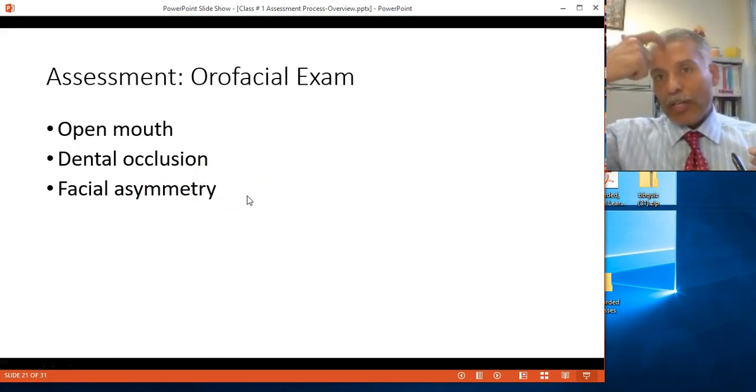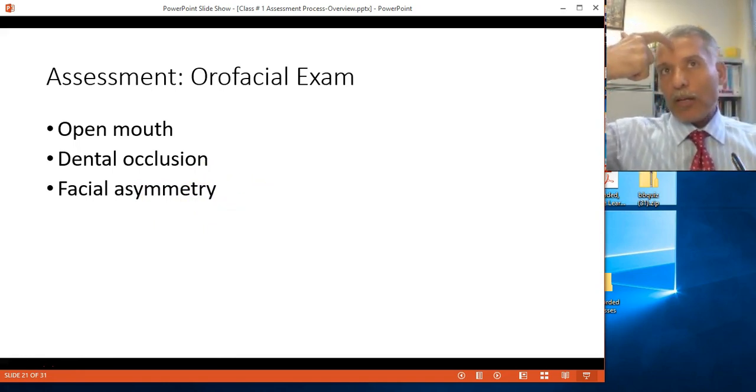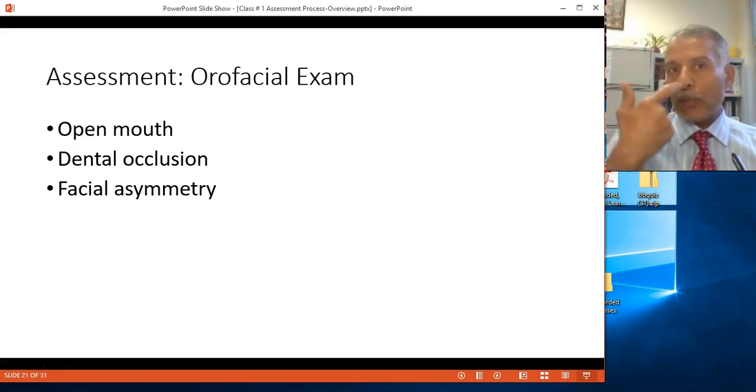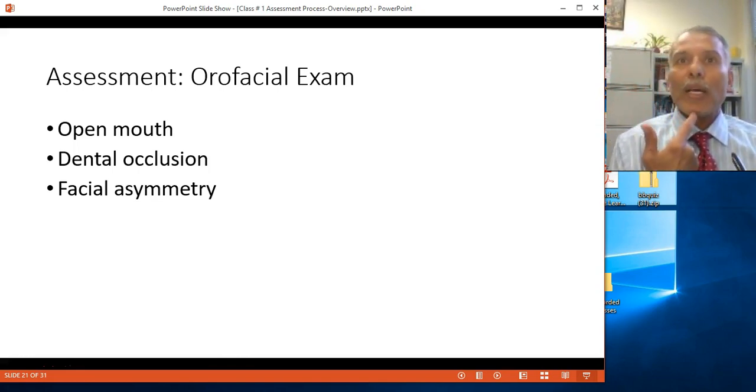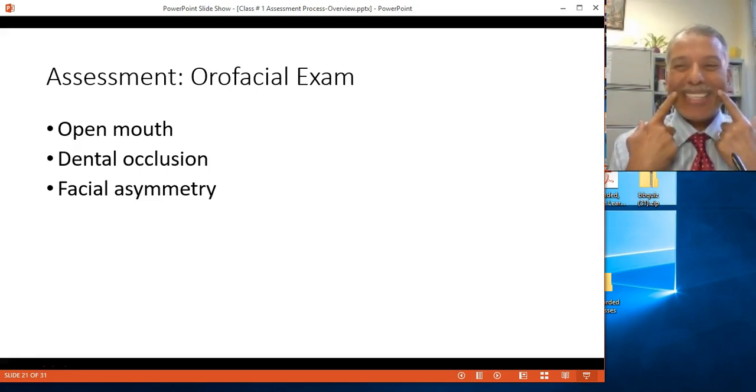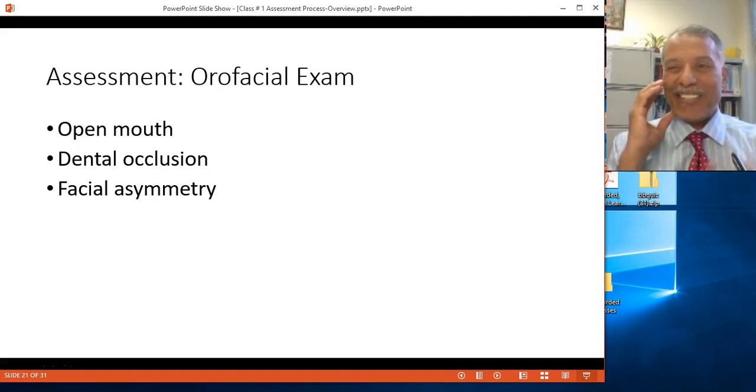Facial symmetry. You look at the line of symmetry here in between the face, splitting the face into left and right. When the person smiles, see if they have a symmetrical smile, or if one side is contracting more than the other.